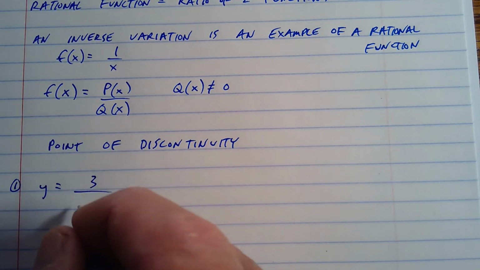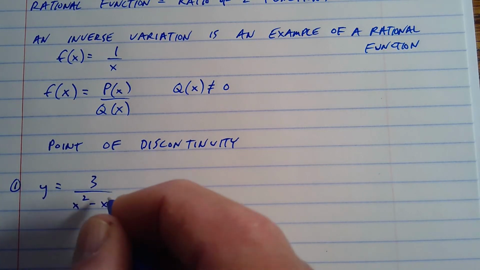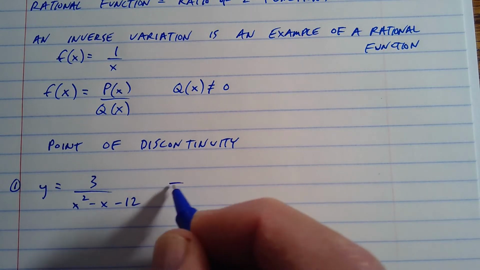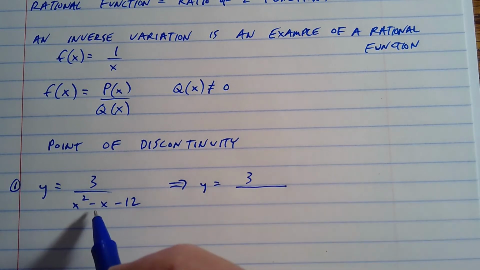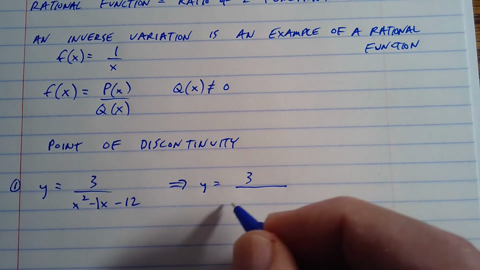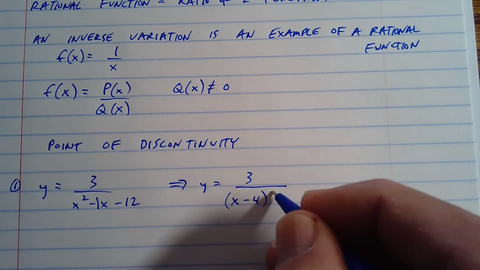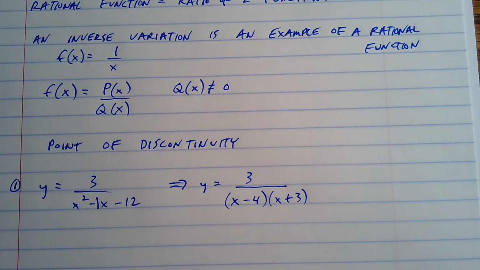y equals, so we've got a 3 on the top and then an x squared minus x minus 12. And so to find our points of discontinuity, we're going to have to factor this. If we do that factoring, we still have the 3 on top, but now we're thinking what times what makes 12 that then is going to add to a negative 1, and if you figure that out quickly, you should have gotten an x minus 4 and an x plus 3 for the factoring of that denominator.